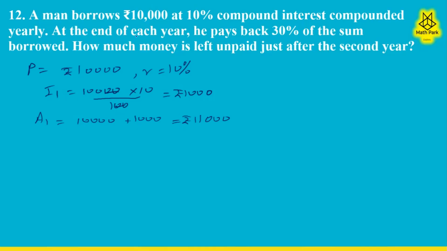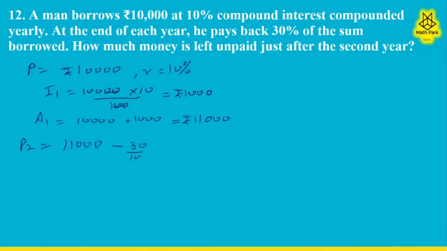Now, what he does is at the end of each year, he repays back the 30% of the sum borrowed. So the principal for the second year is going to be the amount which was 11,000 minus he repays 30% of the sum borrowed.